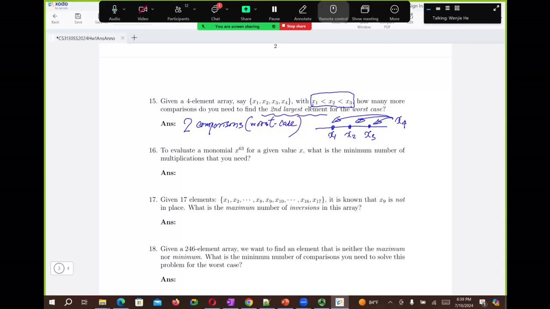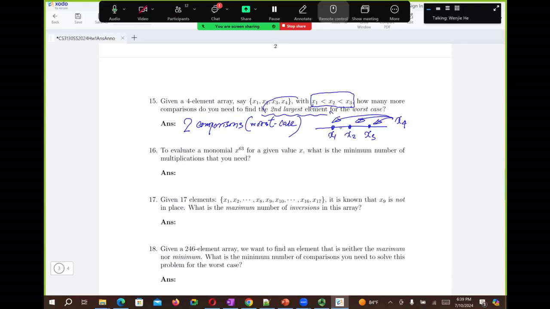Some students told me, because here you have 3 elements and x4, you need to compare it with each one, so you need 3 comparisons. If you want to sort it, you need to compare x4 with each one for the worst case. But here we do not need to sort it, we just need to find the second largest.